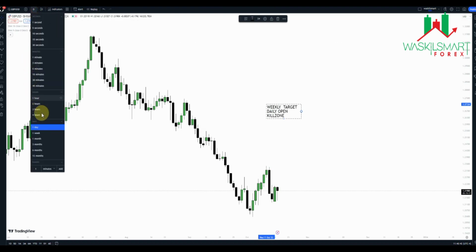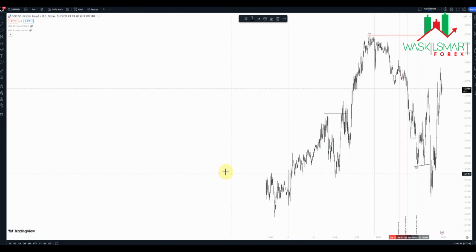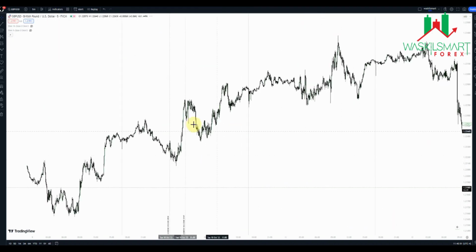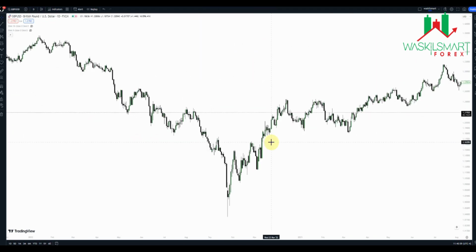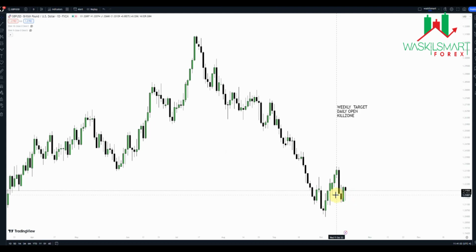Let me check the date back. This is the 10th of October. On the 10th of October, I'm actually expecting a bullish market.